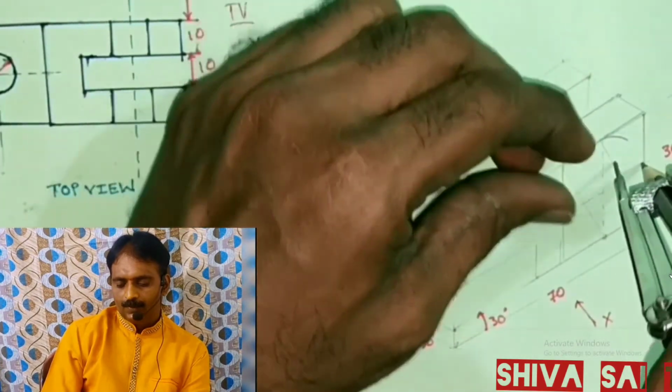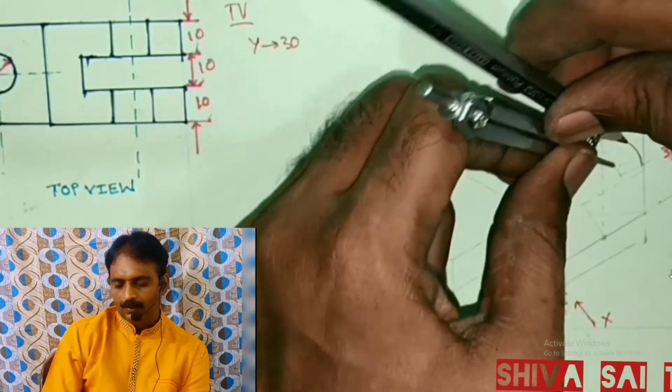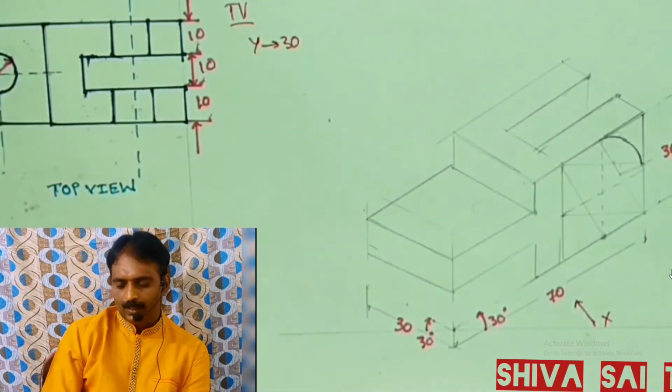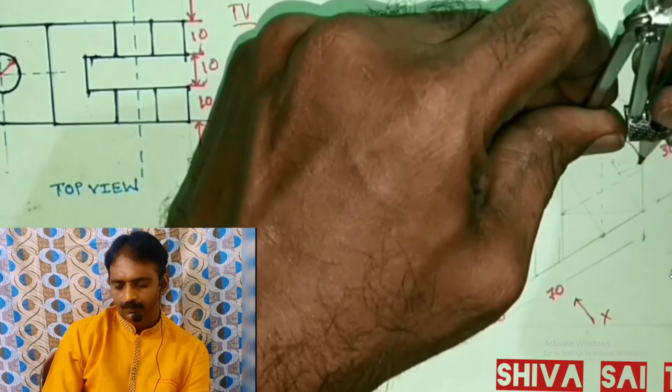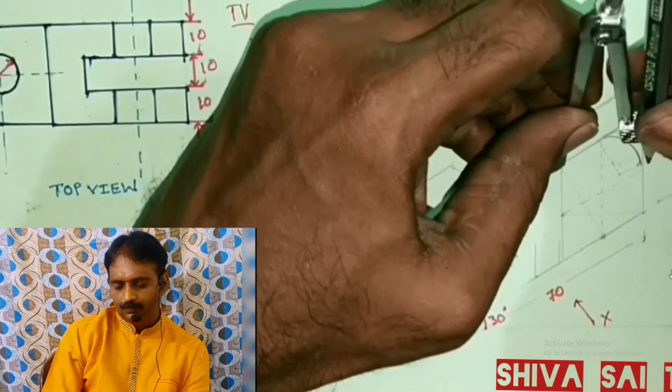And this portion of the arc is to be drawn for the other layers also, like the previous one.